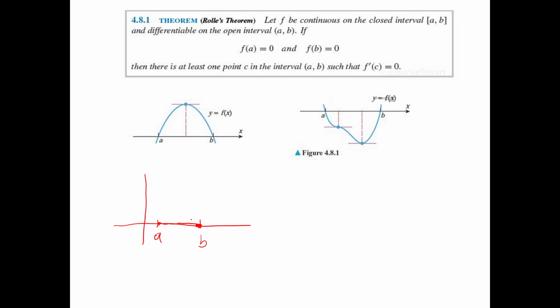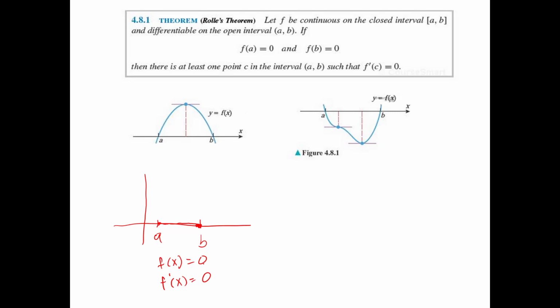It's a constant function. It's the function f(x) equals 0. And then every point satisfies the conclusion of Rolle's theorem. For every point in that interval, f'(x) is 0 because f(x) is a constant function.